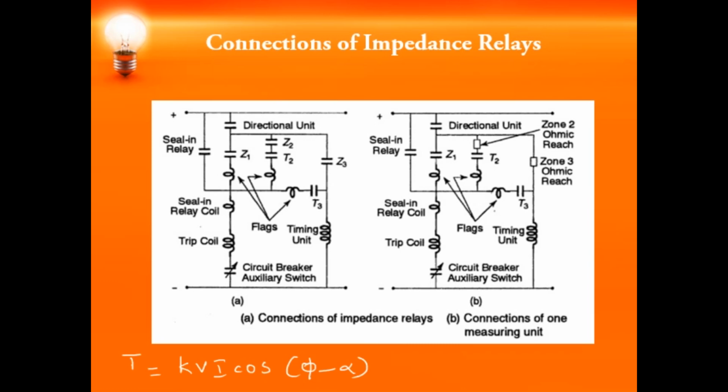For the relay to operate, T should be positive. That means K V I cos(phi minus alpha) should be greater than 0, or cos(phi minus alpha) should be greater than 0, or phi minus alpha should be less than plus or minus 90 degrees.